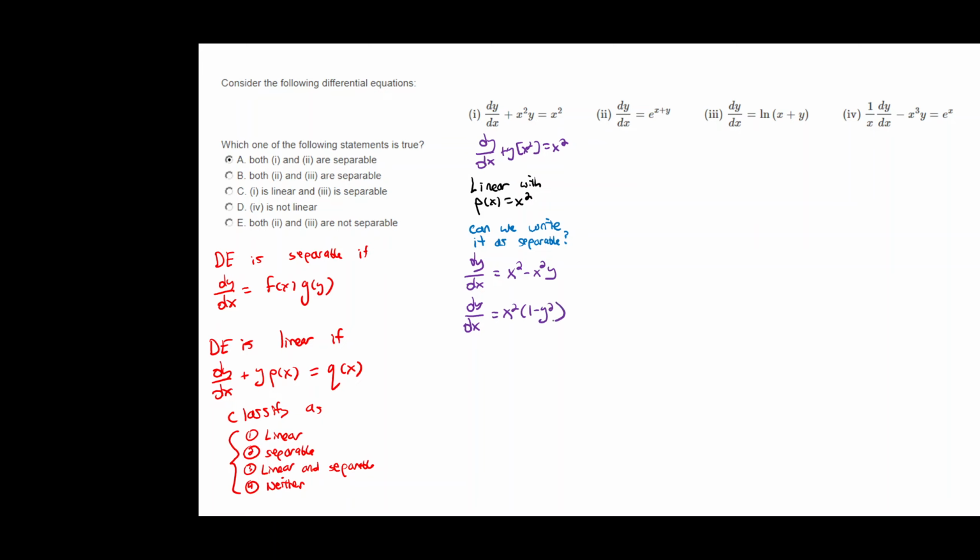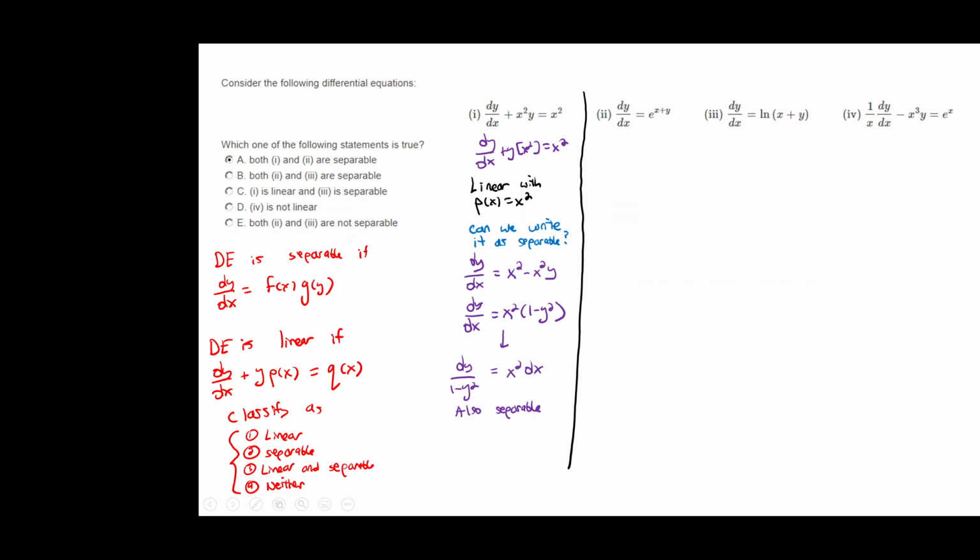And then we can separate the variables: dy over 1 minus y is equal to x squared dx. So it's also separable. So this is a both situation. It's both linear and separable. We can solve it both ways.